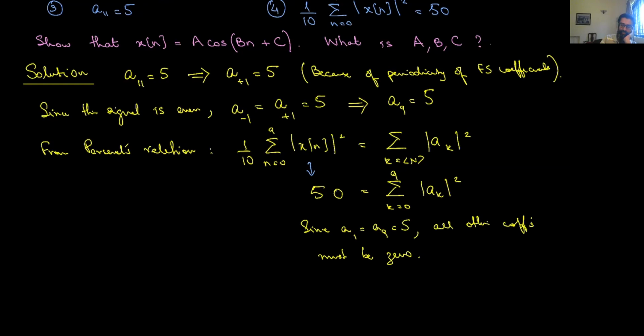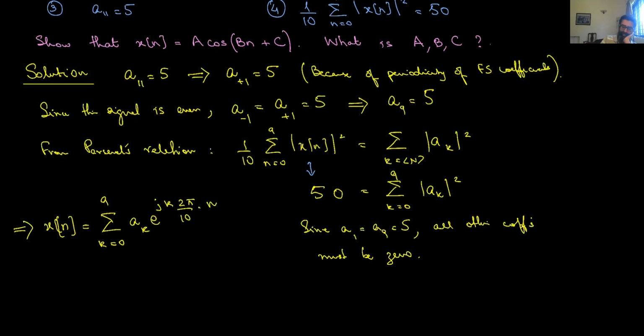So from here, I conclude that x of n, I'm just going to write it out as the synthesis equation. x of n is summation k equals 0 to 9 of a_k e raised to power j k 2 pi by 10 times n.